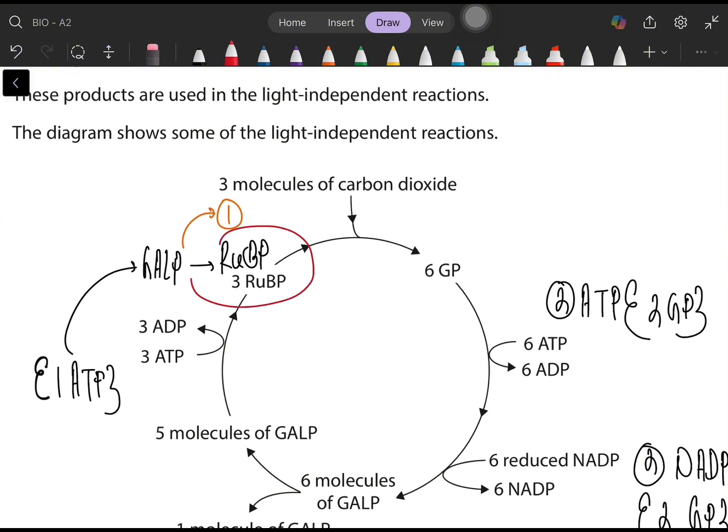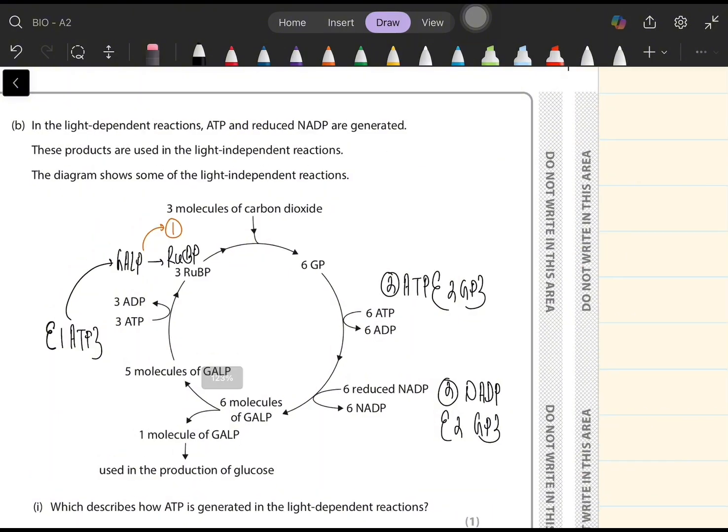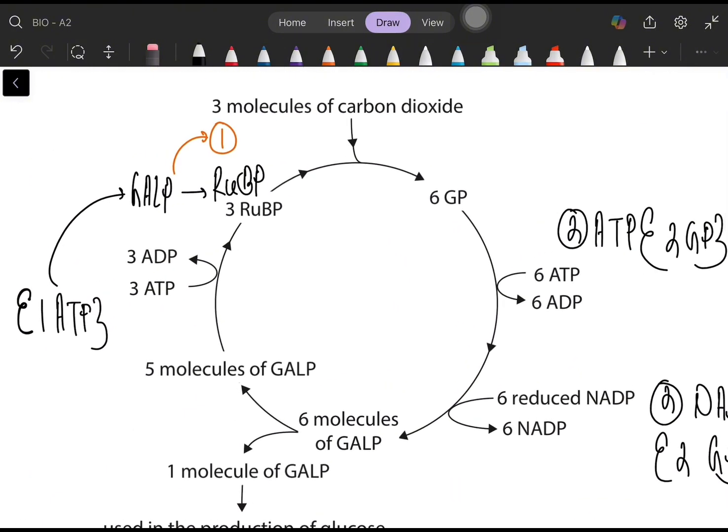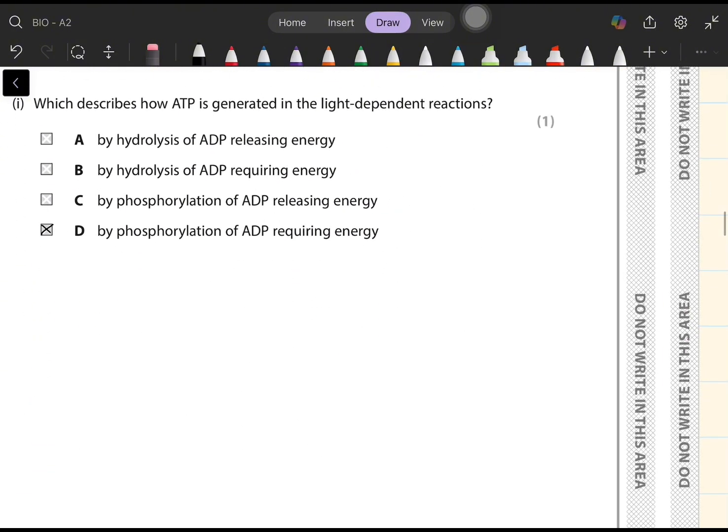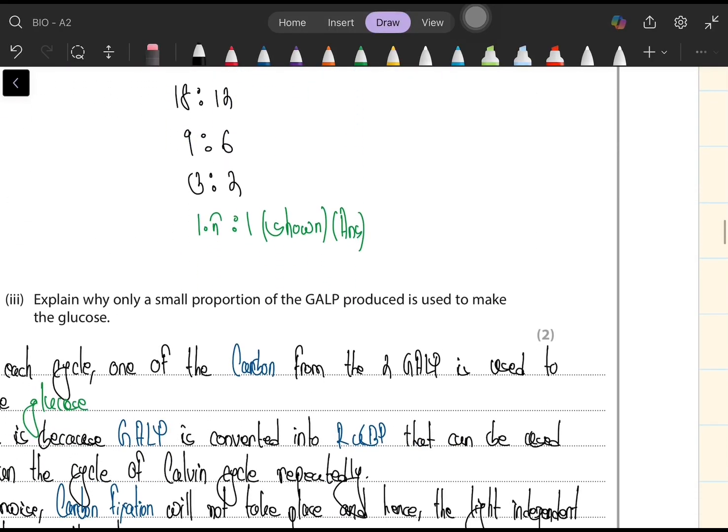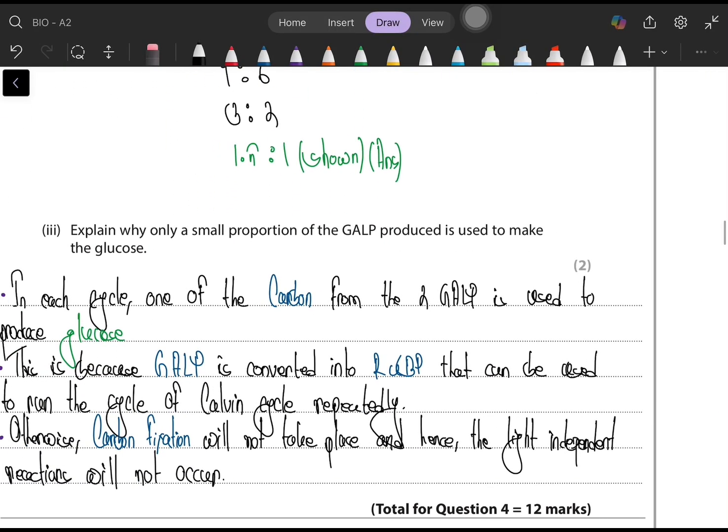Because using this RuBP, the carbon from carbon dioxide combines to make this 6 carbon compound that is highly unstable, right? So if you didn't have RuBP, your carbon fixation process wouldn't run, right? So hence you need this. Hence a small proportion of GALP is used to produce glucose.